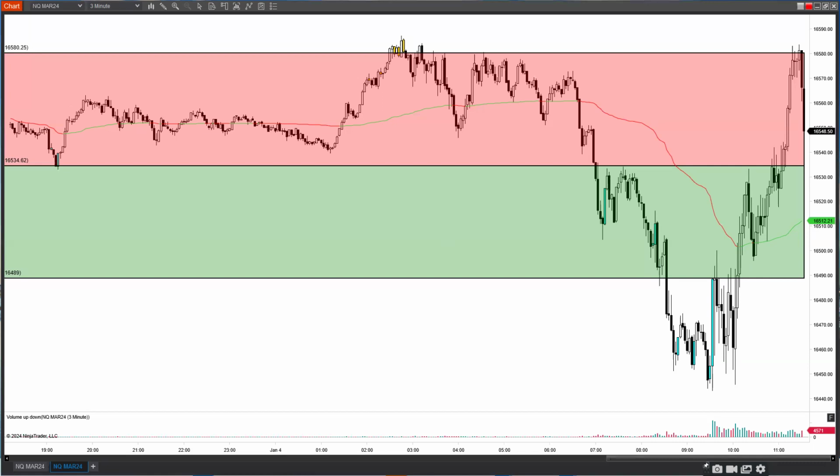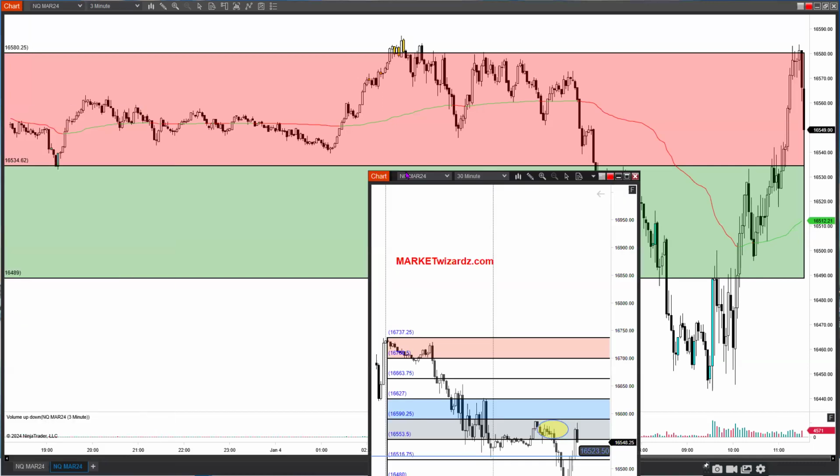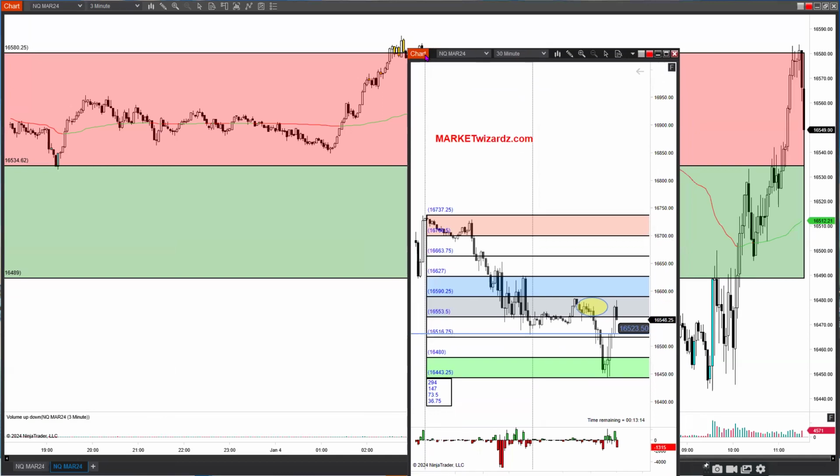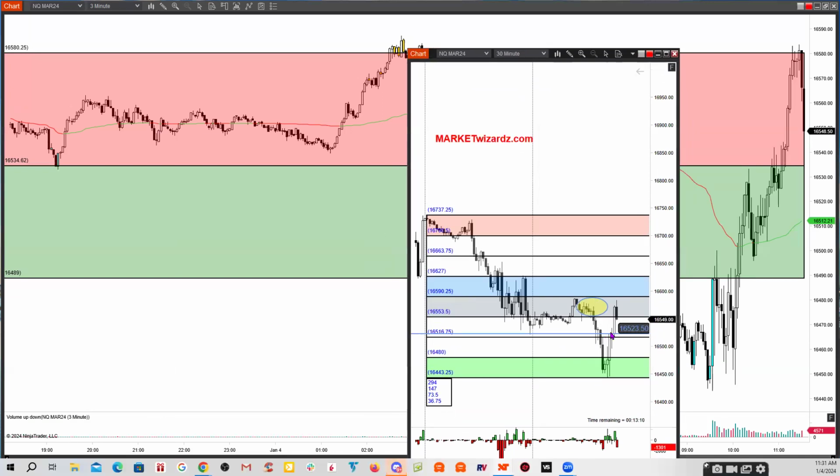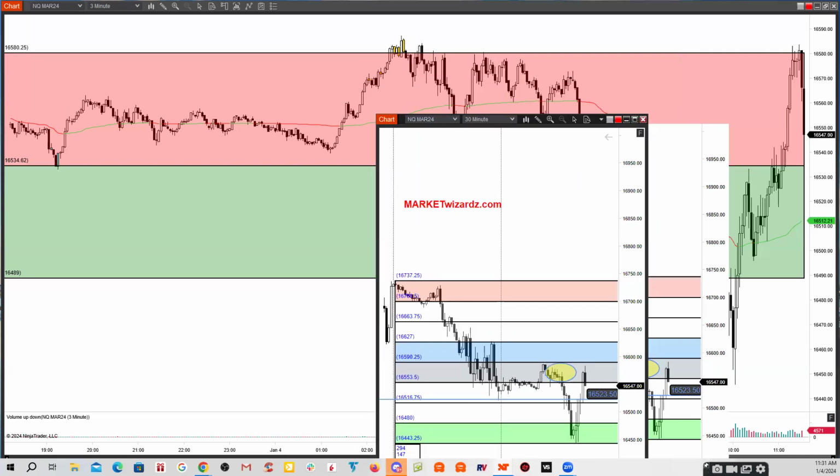A couple other charts I'm looking at. 590.25, 2-day middle. I thought that might be resistance for now. Turns out it was for profit taking.